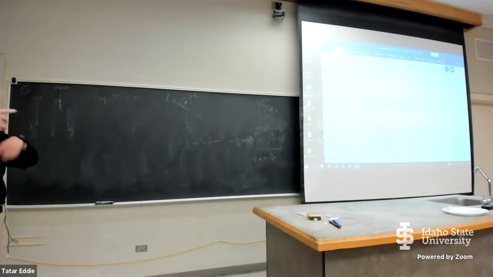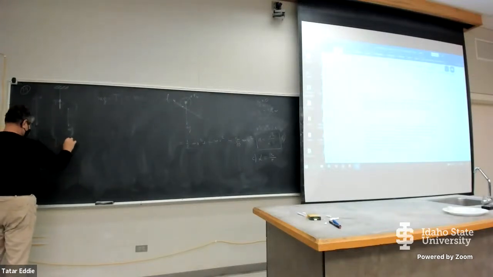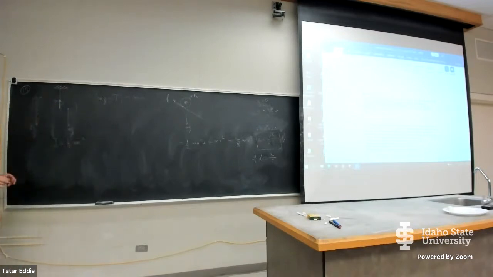But luckily, we have a similar equation for the rotational motion. The net torque is equal to moment of inertia times angular acceleration. So the moment of inertia of a cylinder is 1/2 mr squared, with respect to the axis of the cylinder.